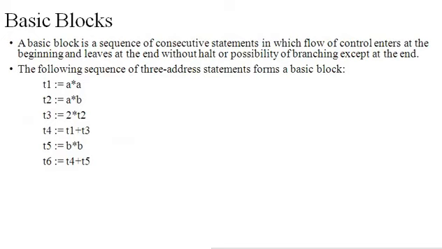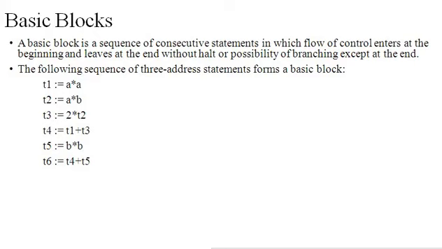Next is basic blocks. A basic block is a sequence of consecutive statements in which the flow of control enters at the beginning and leaves at the end without halt or possibility of branching except at the end.